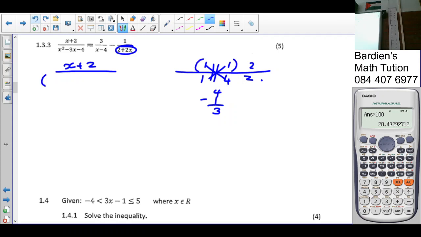So 1 and a 1 in the bracket, a 1 and a 4 is the x squared. So it goes x and x. 1 plus 1 minus, the bigger one must be minus. As you can see, the bigger number must be minus, so this plus. So it's equal to 3 over.